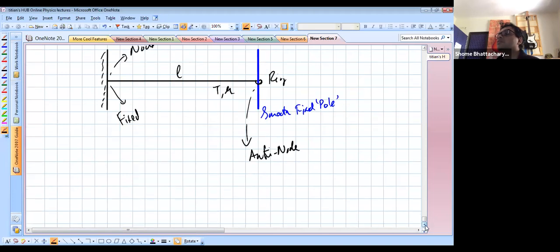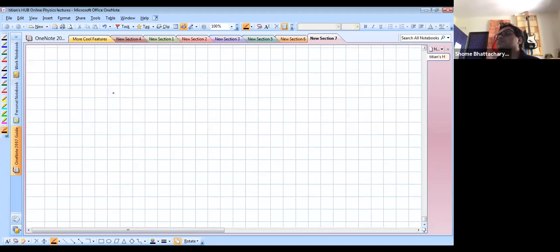So here the fundamental mode looks like this. Node, antinode.